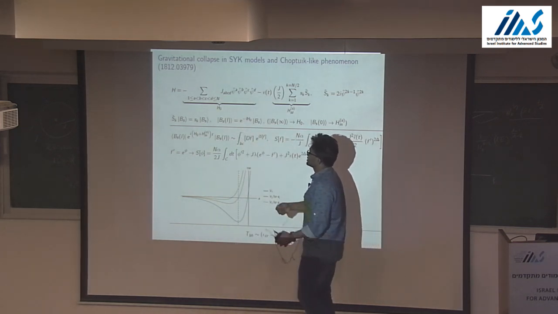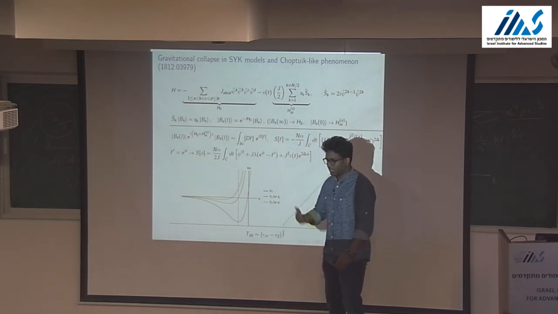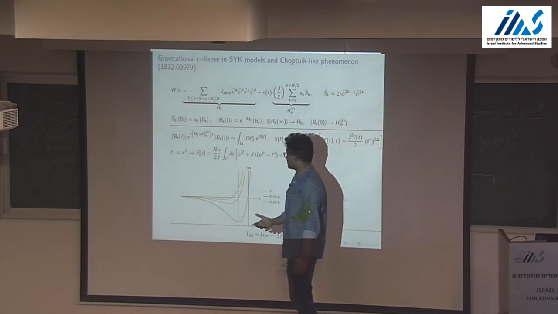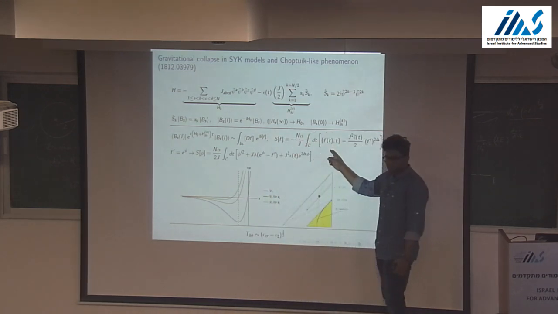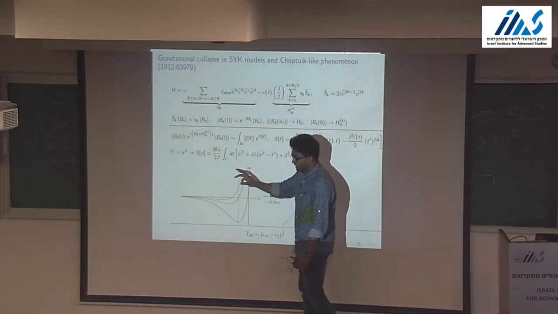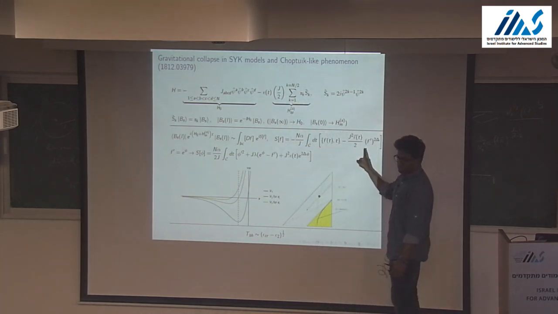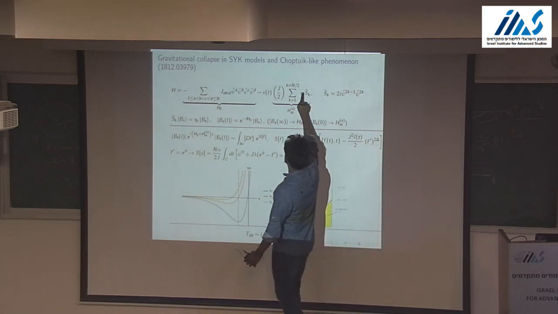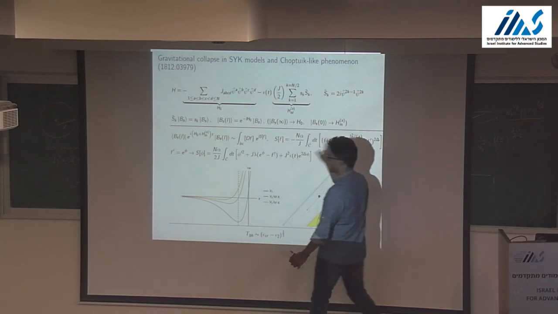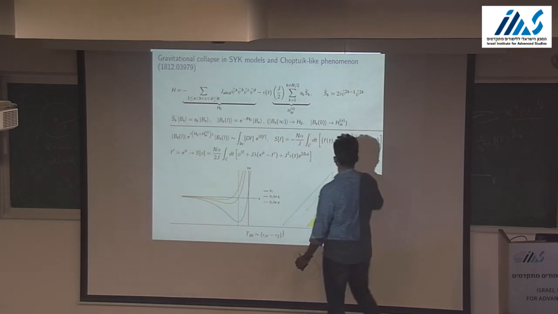After introducing the bilocals, I can project this action onto the effective low energy sector, where in the SYK model we generally get just the Schwarzian theory. But now because my breaking term is not just the kinetic operator but also this operator, it gives me this extra term. One more important thing is that the numbers Sk and the numbers sitting inside Bs have to match, and only then this happens. Otherwise you get a factor of cos theta, which is the angle between these two numbers.